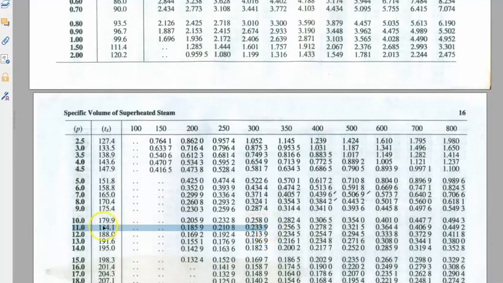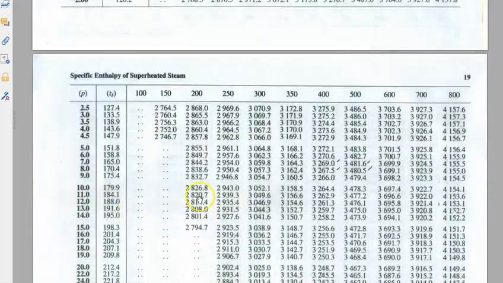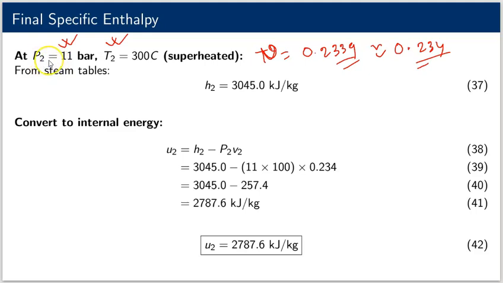This is the temperature, this is the pressure. Now from the steam table, at P2 equal to 11 bar and T2 300 in the superheated condition, we can easily get H2, or we can do the interpolation.